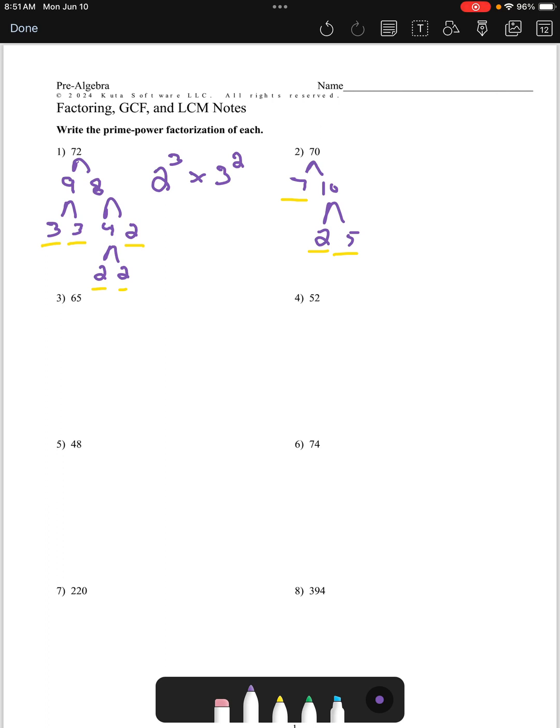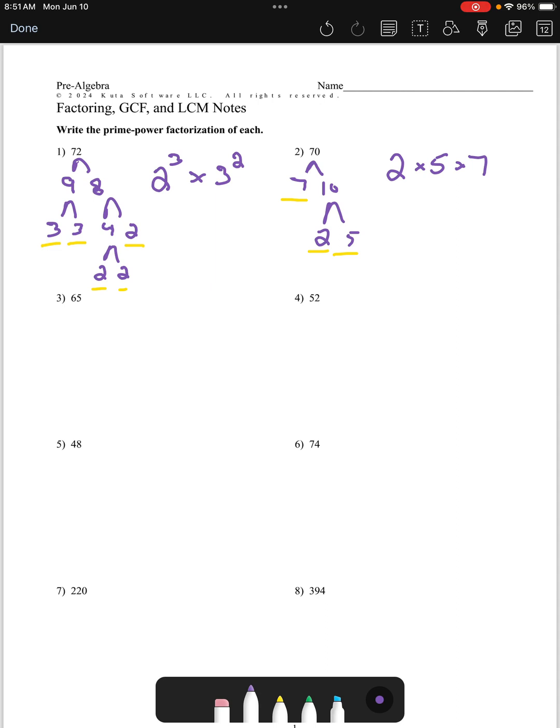Both of those are prime numbers, so they're locked. So what all do we have here? We have a 2, a 5, and a 7. One of each. What is the prime power factorization? 2 times 5 times 7.